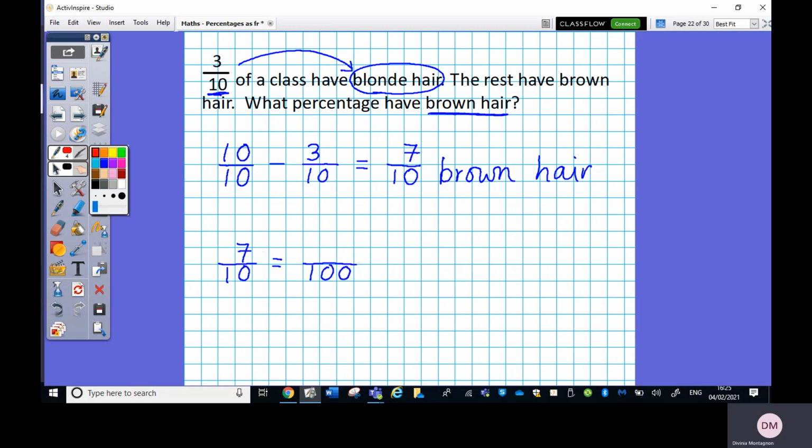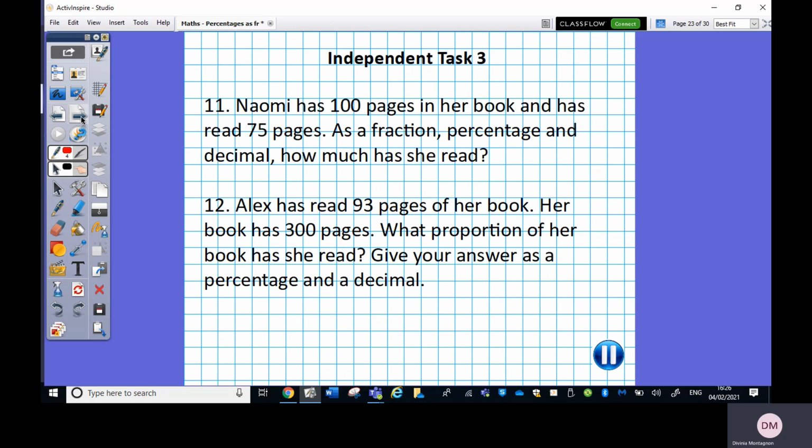Great, so what must I do to 10 to get to 100? I need to multiply it by 10, excellent. What must I need to do to 7 to multiply it by 100? Good, I also need to multiply that by 10. So 7 times 10 equals 70. And I know that 70/100 equals 70%. Well done.